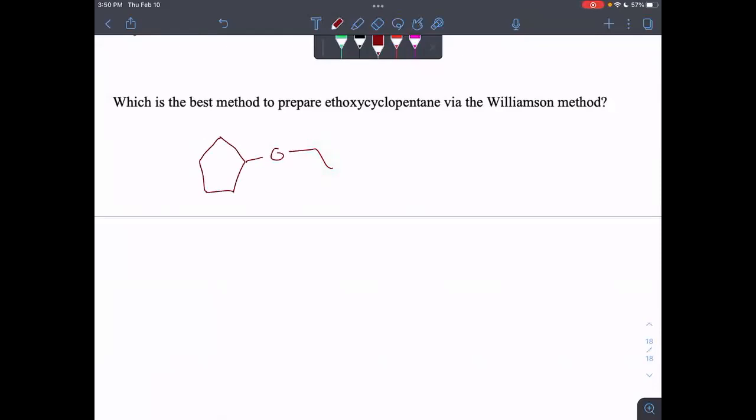Would it be intramolecular? No. If the oxygen was inside the ring, then yes, but it's not. So what would you put the Br on? Yeah, so you'd have an ethyl bromide. And then what would the nucleophile be? The ring with an OH.